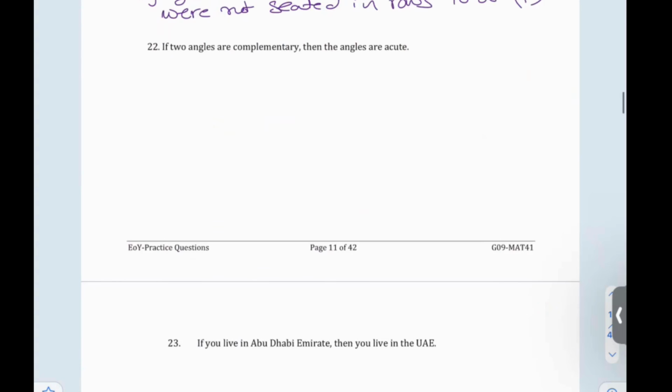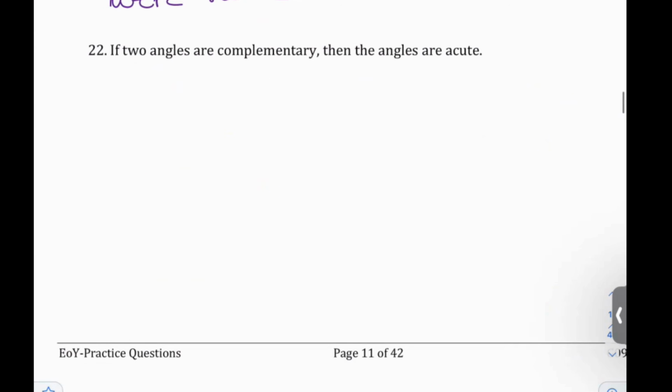Now, let's take another example. If two angles are complementary, originally they said that it's true. So let's now do it faster. The converse means this direction.